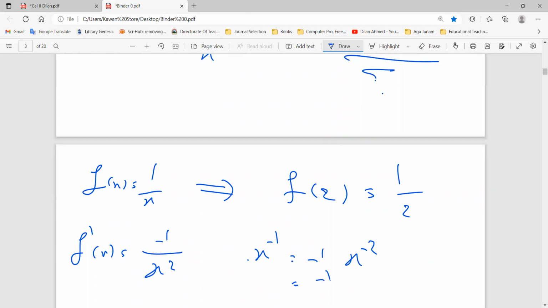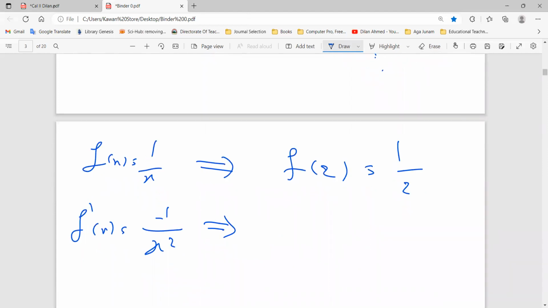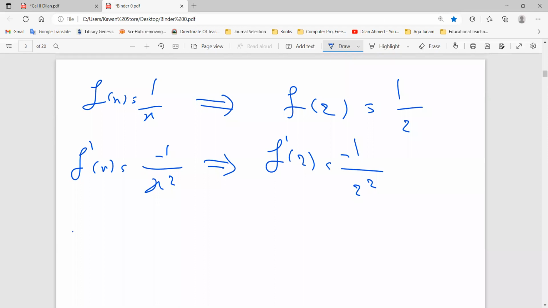Each time you need to substitute. So I get f'(2) = −1/2². Understood?